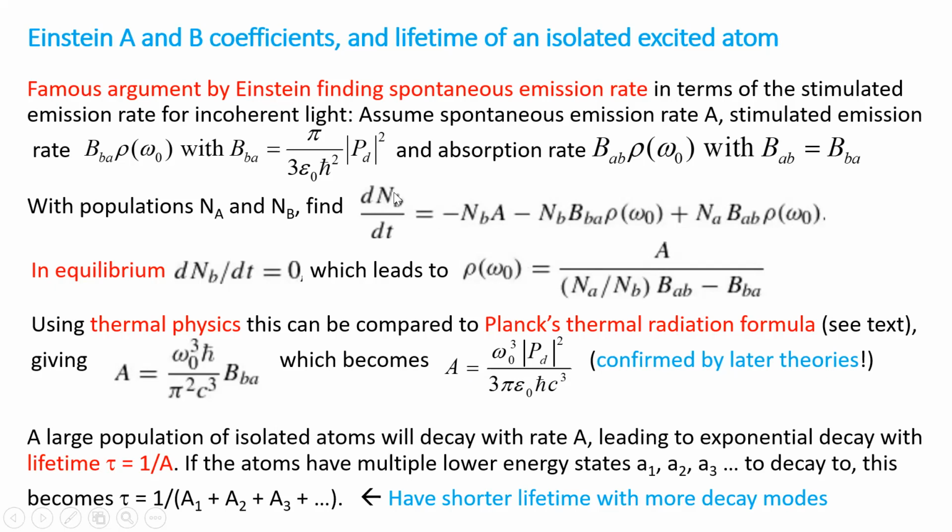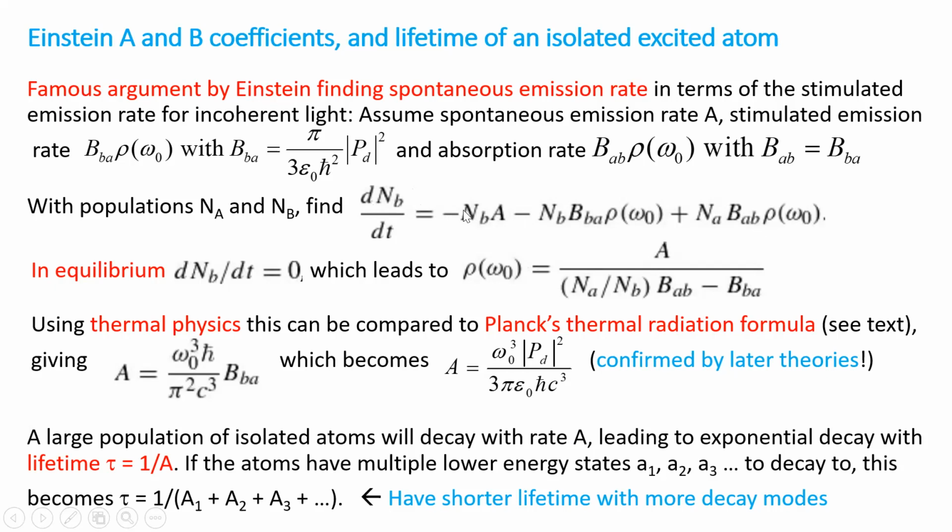If we look back at this rate equation up here, and we neglect these terms because there's no field around, no energy density in the field, we have dNb dt equal to minus Nb times A. So the rate of change is proportional to the number of atoms left, with a negative sign.